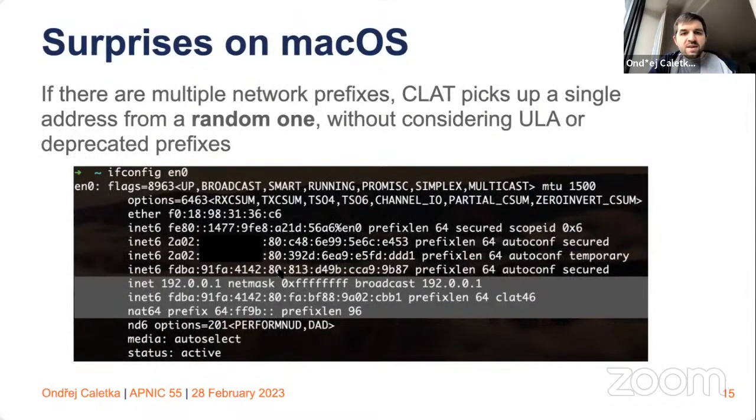In my case, there's a ULA prefix and a global unicast prefix, and the CLAT engine picked the ULA prefix to be used for the CLAT. This probably is not expected behavior, and the global unicast prefix should probably be used, but in the end, most of the time it doesn't really matter, because probably most networks use only one prefix.